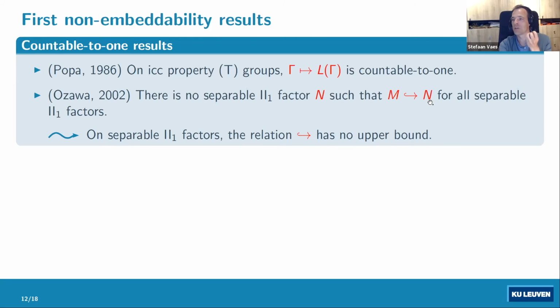So there is no II_1 factor in which any other one can be embedded, staying in the separable world. Another nice thing is that on property T groups, this arrow that sends a group to the von Neumann algebra is countable-to-1. So on the property T level, there are only countably many non-isomorphic groups that give the same II_1 factor.